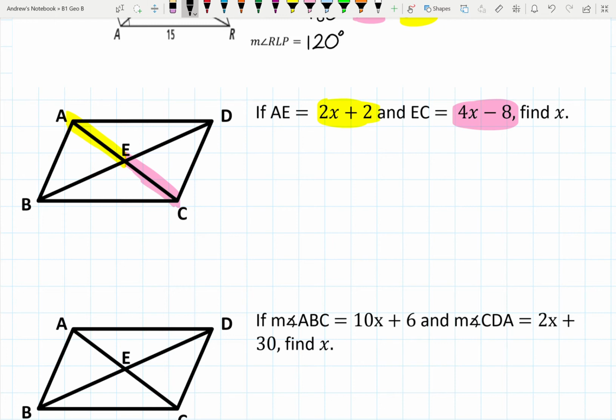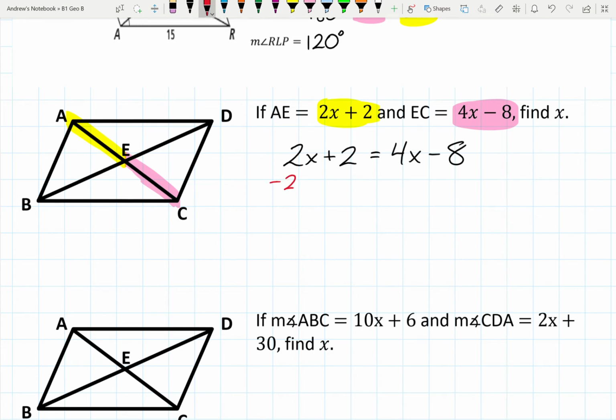Those look to me to be two different parts of a diagonal. We know that the diagonals are cut in half, which means that those two sides are the same. So that's telling me that AE, this 2x plus 2, is going to be the exact same thing. We can say that it's equal to 4x minus 8. After that, honestly, that's all the geometry part of it. After this, it's just an algebra problem.